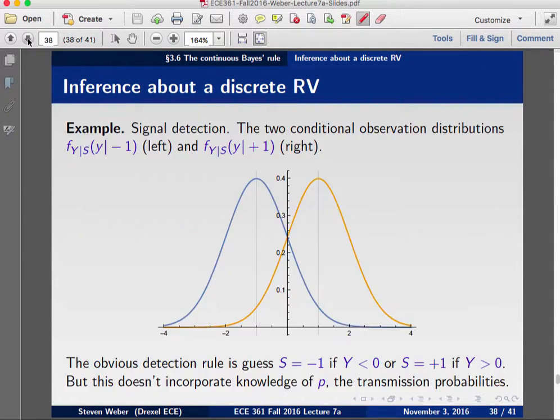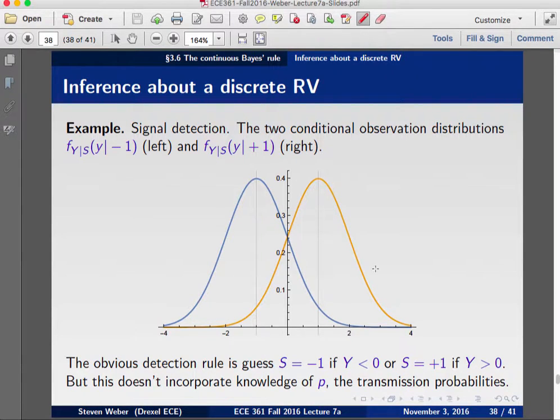Okay, so let's take a more graphical view of this. This is the y-axis, and I have two vertical grid lines at +1 and -1. This blue curve is the distribution of Y given that s equals -1 was sent.